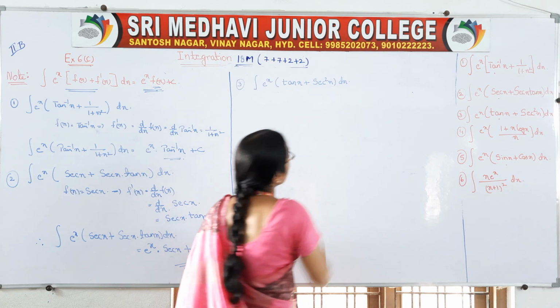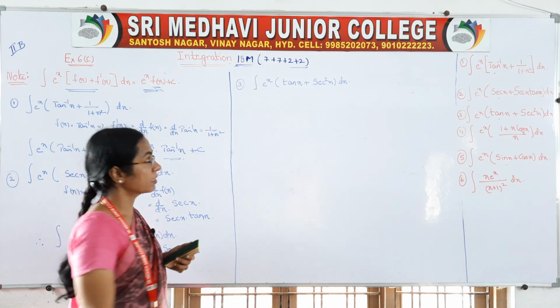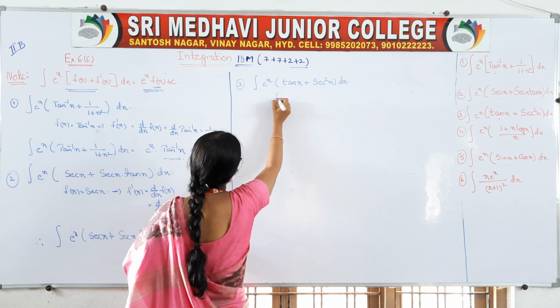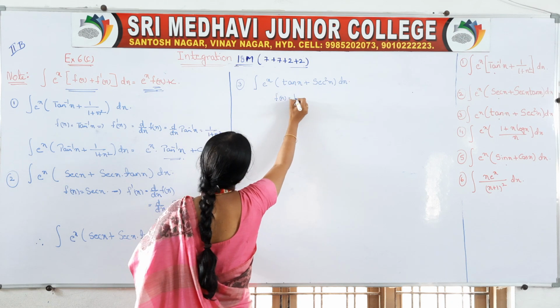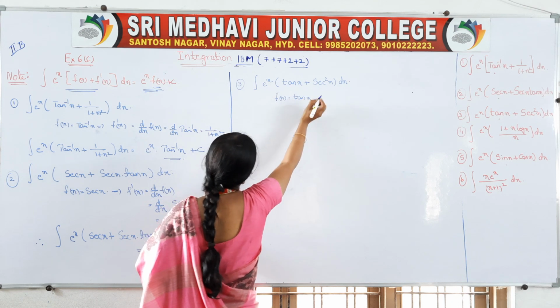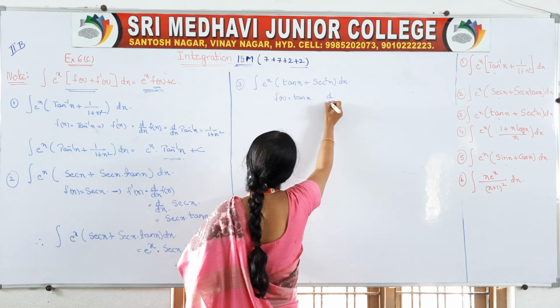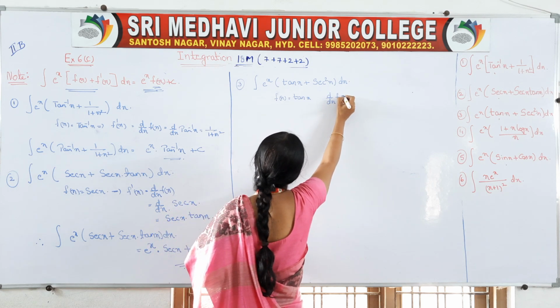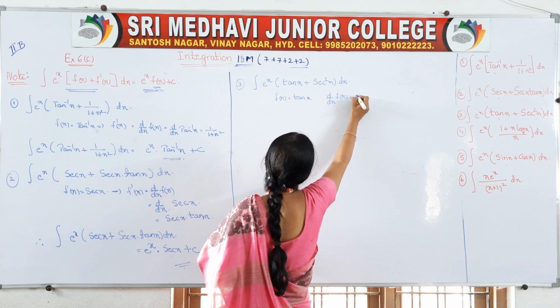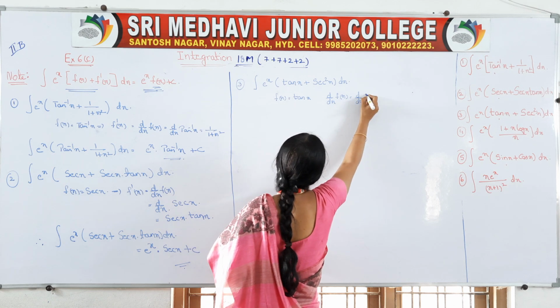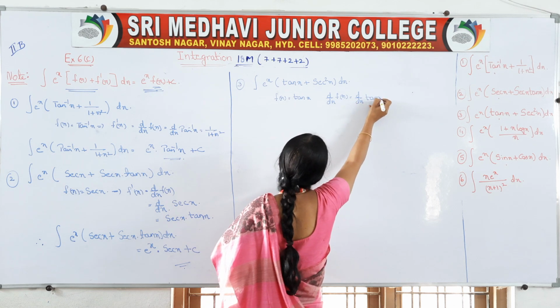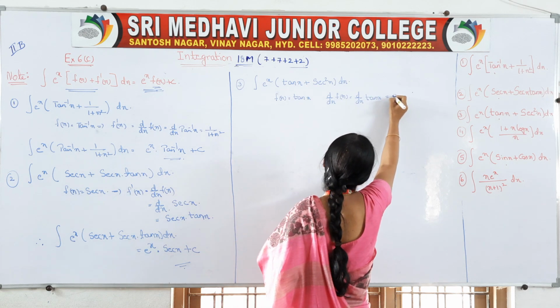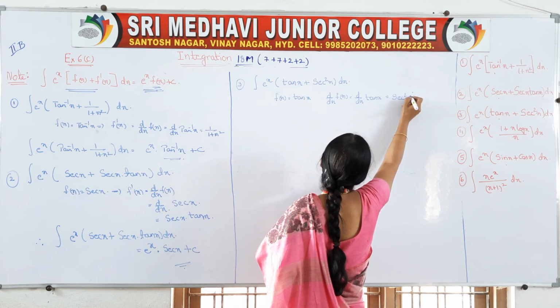Which value should be taken as f of x now? You take f of x is equal to tan x. So d by dx of f of x is nothing but d by dx of tan x, and d by dx of tan x is equal to secant square x.